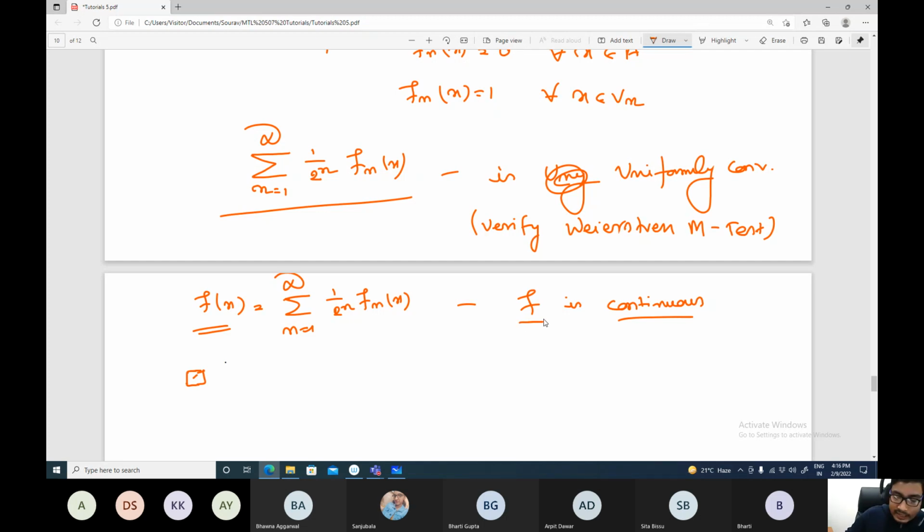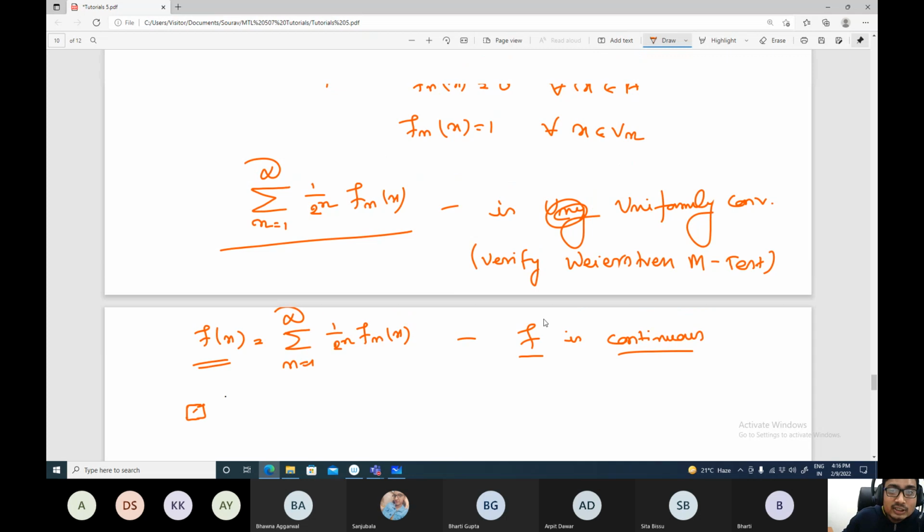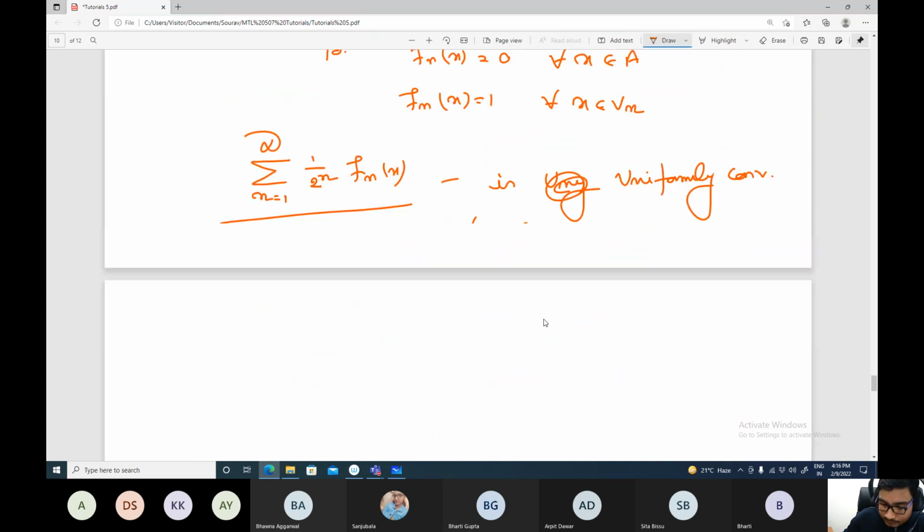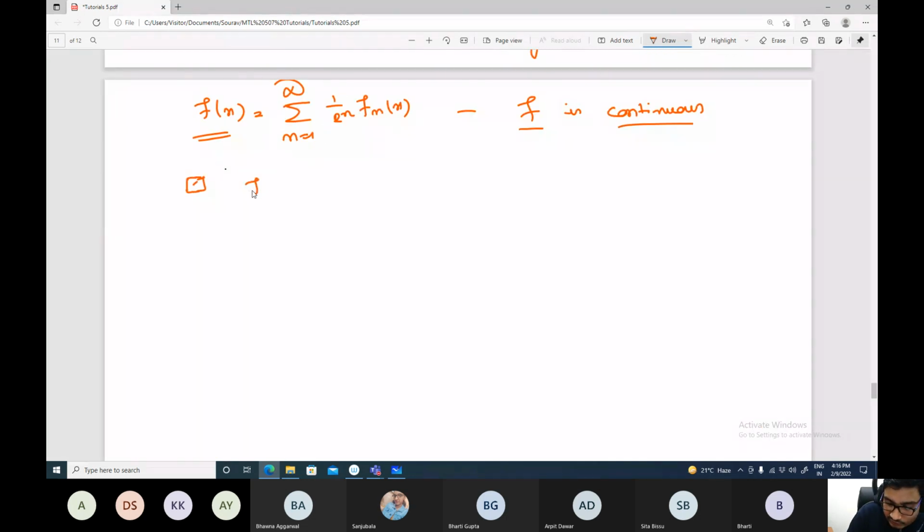Now what is our aim? We have got a continuous function. If we can prove that f inverse of 0 is equal to A, we are done.